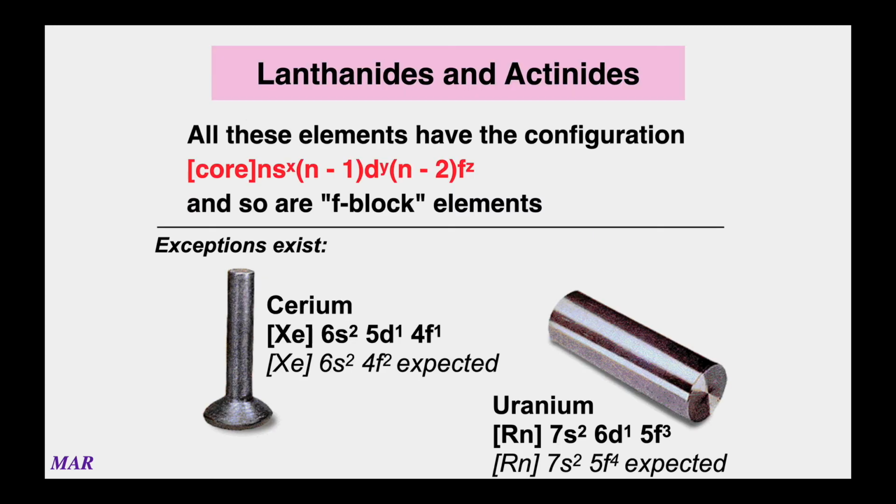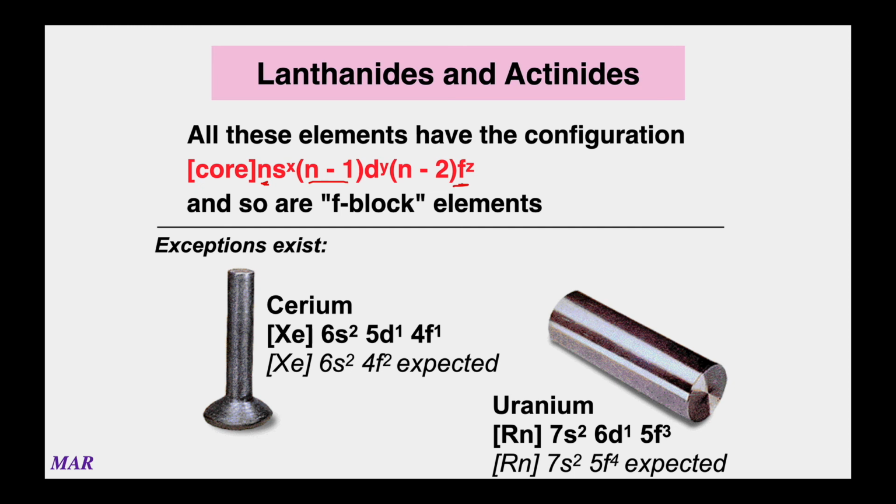Lanthanides and actinides are similar to transition metals, only with lanthanides and actinides, you're actually filling in the F electrons. So like we saw with the transition metals, the D block elements, you can find the N, the shell number, from the period, which goes left to right, and then N minus 1 was how you found the Ds.